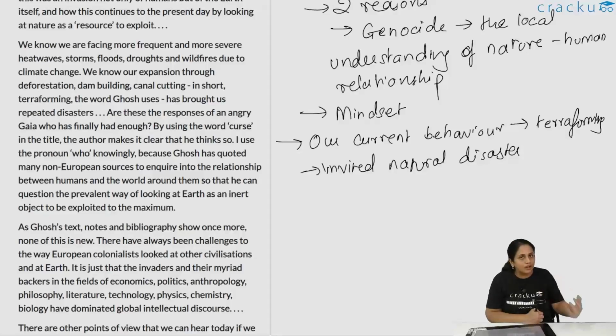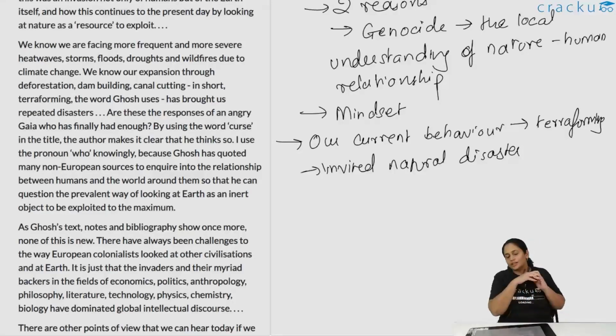Now, why is it personifying Earth? It is personifying Earth because that was the indigenous understanding of Earth. When we have the Indian understanding, we have Earth Mother, Dharti Ma. The other indigenous understandings of Earth were also like a person. So the personification was a more caring way of looking at Earth.